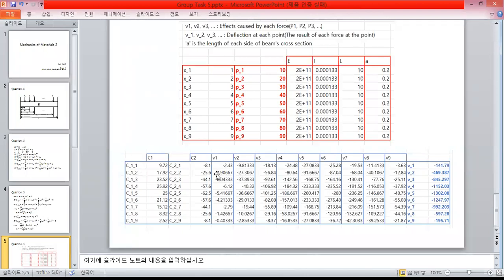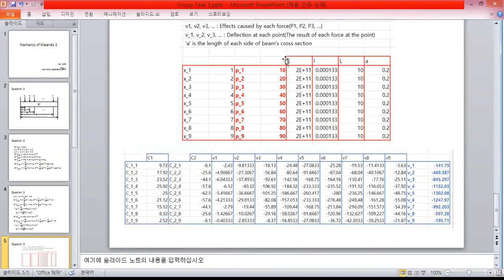And this is the deflection when only force P2 is given. And as it goes on, this is the last force P9 when only P9 is given.